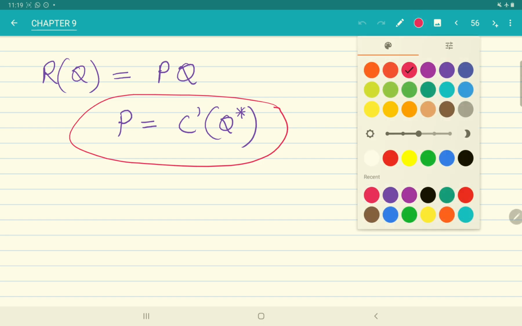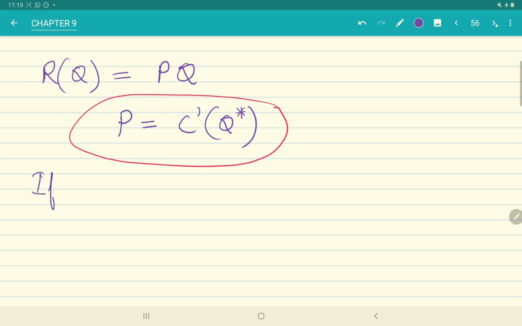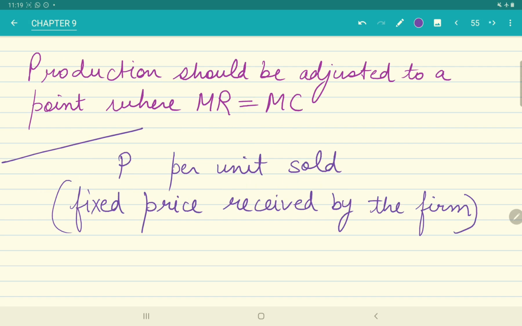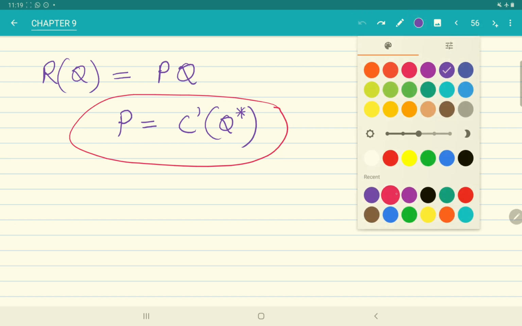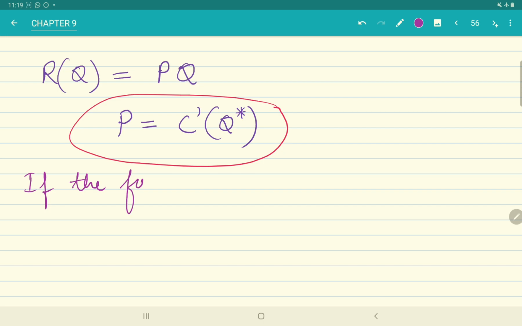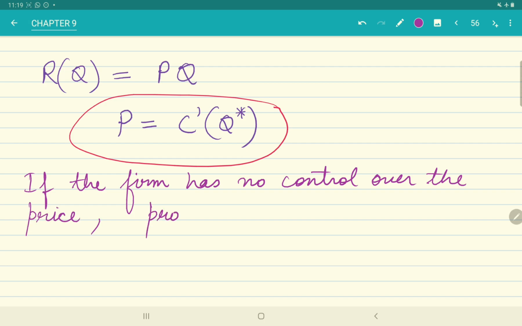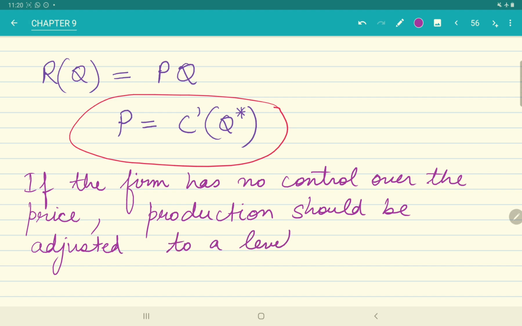So obviously from here I can say that if the firm has no control over the price, production should be adjusted to a level at which marginal cost is equal to price per unit of the commodity.